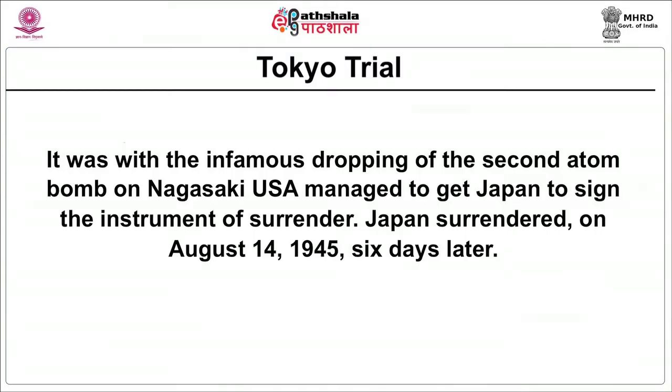It was with the infamous dropping of the second atom bomb on Nagasaki that the United States of America managed to get Japan to sign the instrument of surrender. Japan surrendered on August 14, 1945, 6 days after Nagasaki.